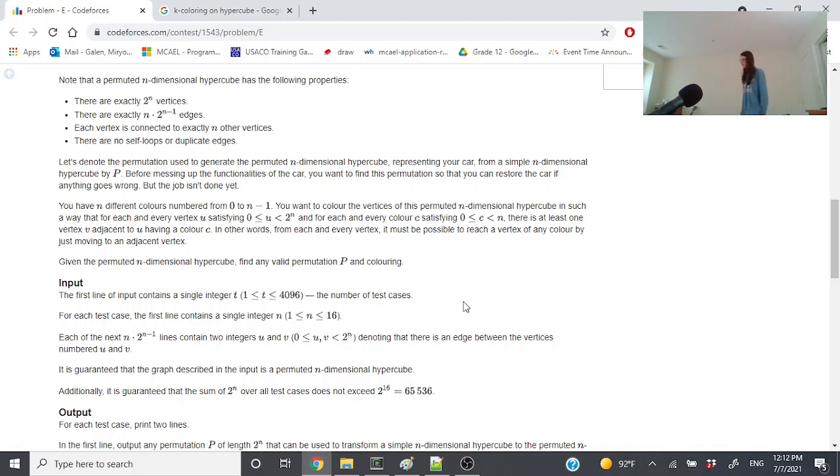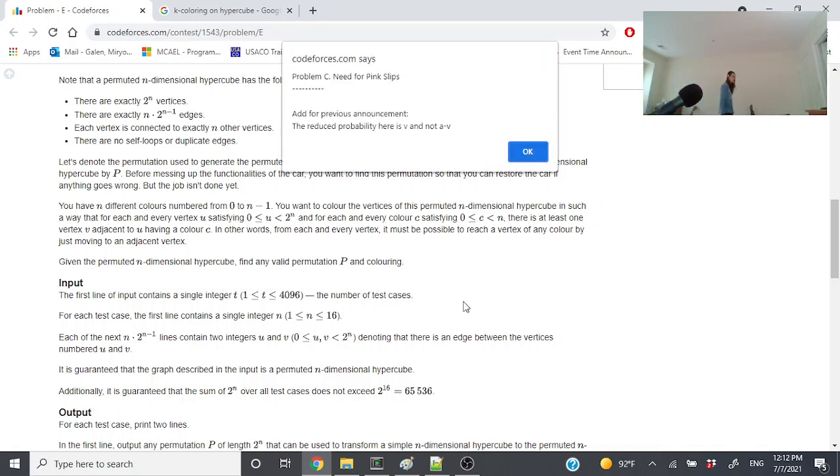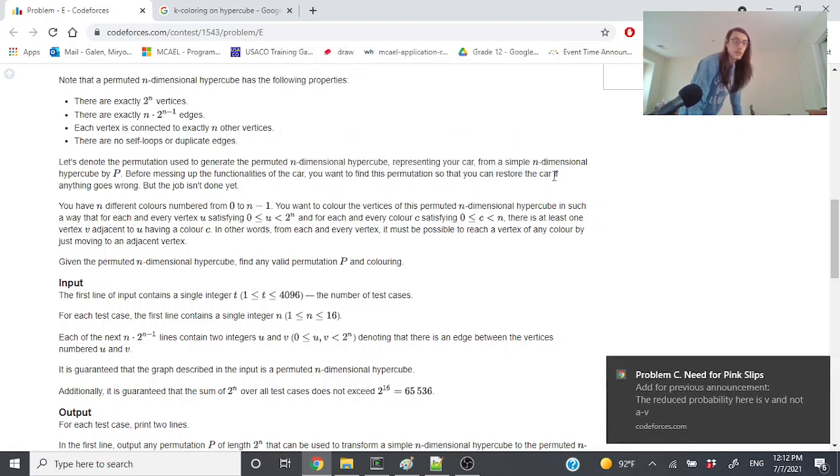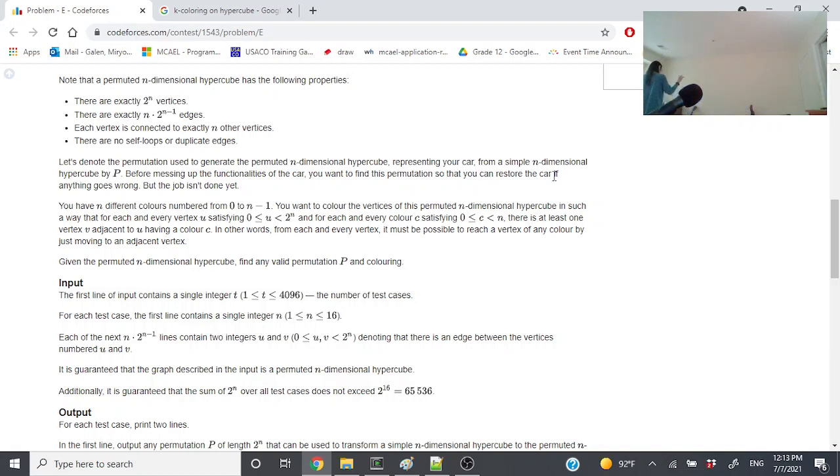Essentially, we construct the neighbor. Okay. We start with this. We construct the 1-dimensional hypercube using only the neighbors of this current hypercube.